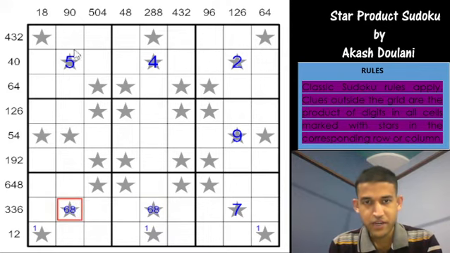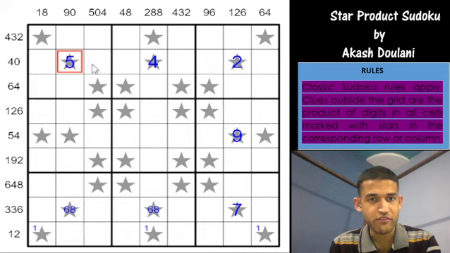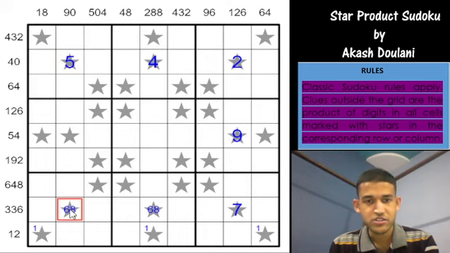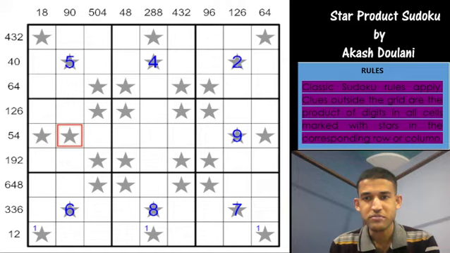And 8 can be eliminated from here, because that would violate the 90. 5 into 8 would be 40, and 40 can never be a factor of 90. So this is 6, that is 8, and that gives me 3 here. 5 multiplied by 6 is 30, and I hope you guys are okay with me saying into, because that's how I used to say. 5 into 6 is 5 multiplied by 6.